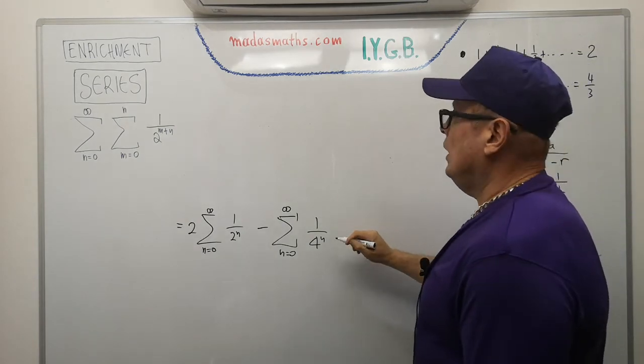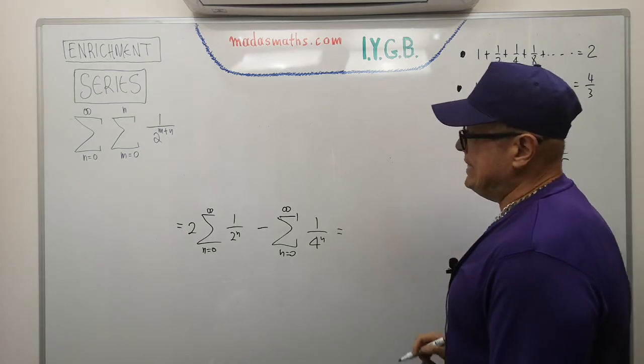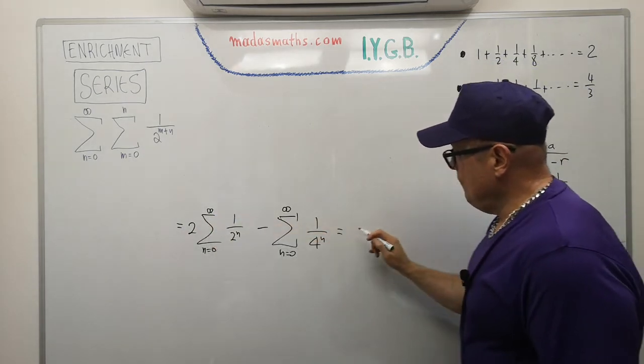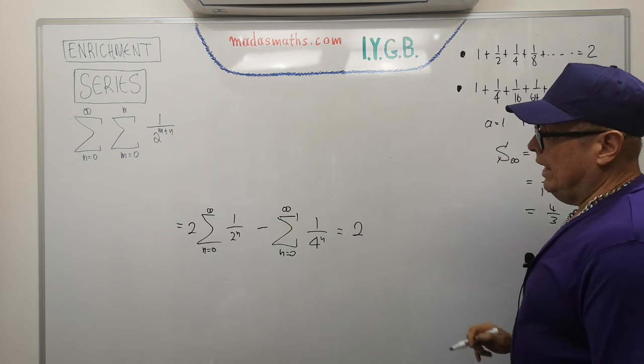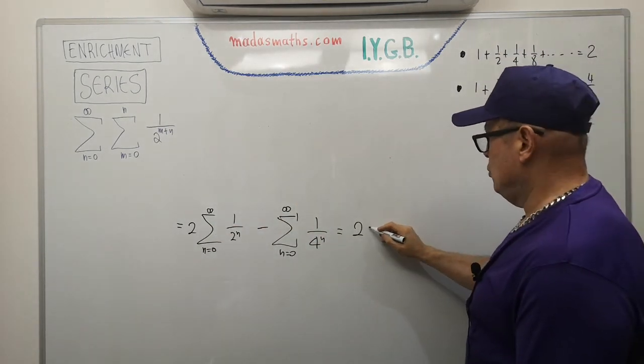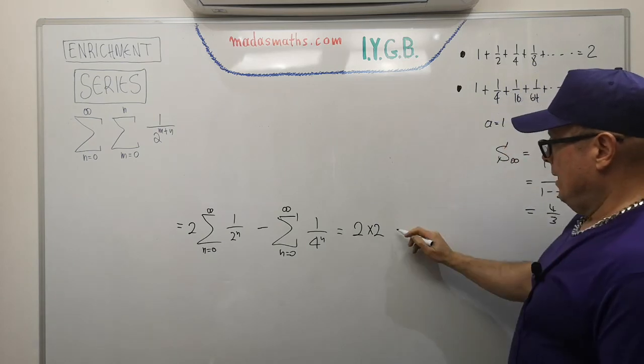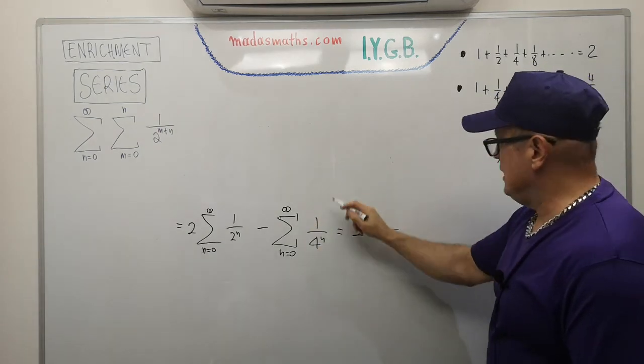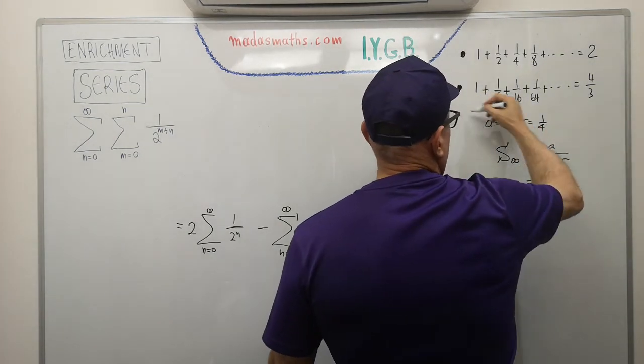All I need to do is to put my bits in. I got a 2 there. Here's my 2. This sigma is there and is equal to 2 minus this sigma, which turned out to be 4/3, it's up there.